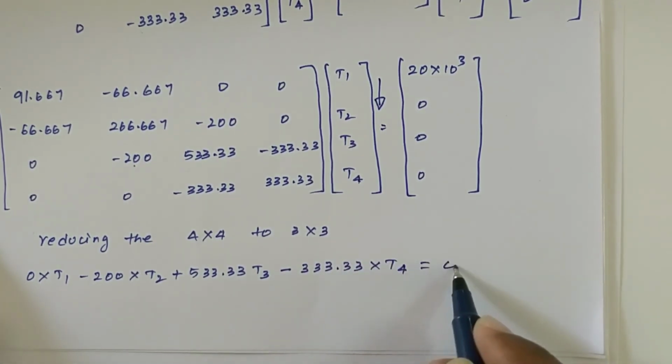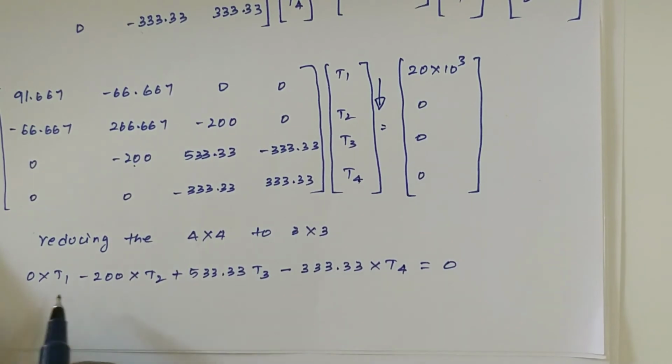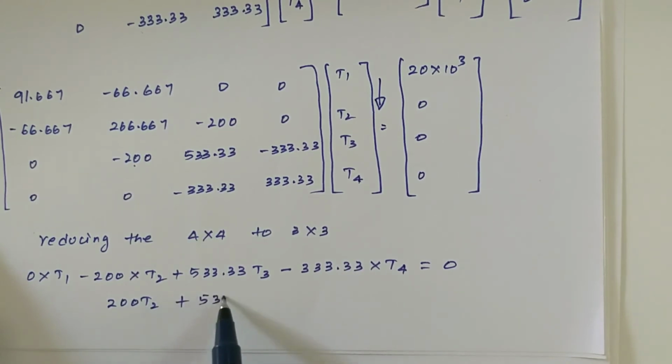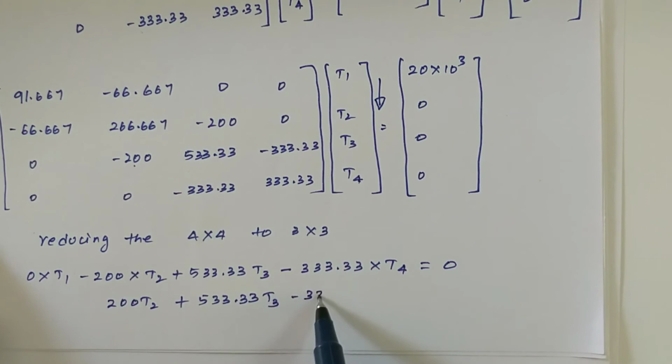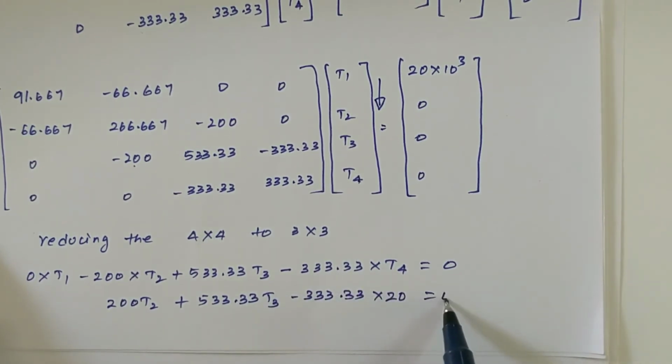Since we know T4 is 20, minus 200 T2 plus 533.33 T3 minus 333.33 into 20 equals 0.